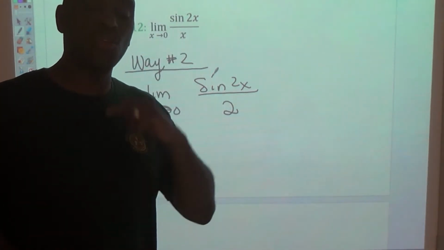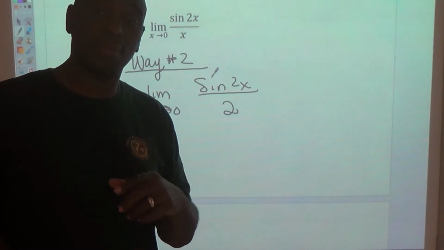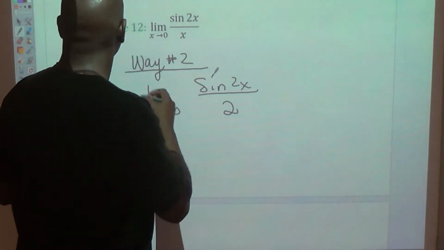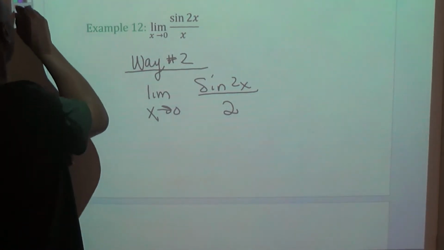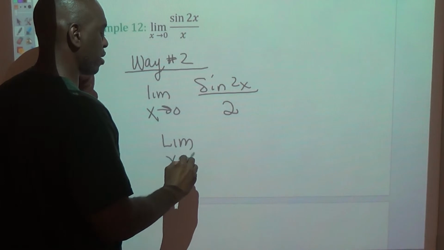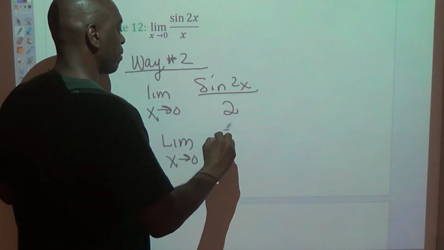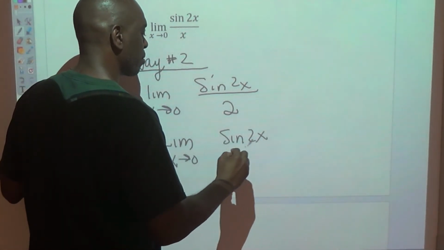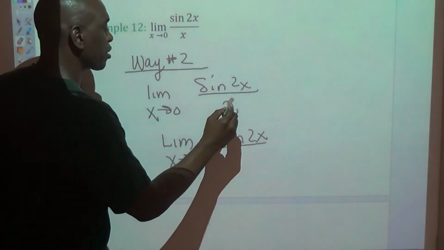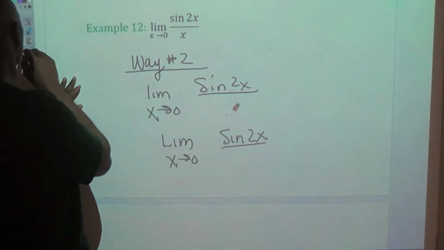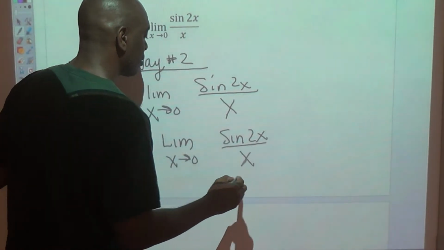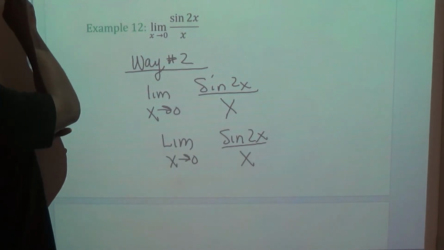So multiply numerator and denominator by 1. Okay? Let's do that. And so we're going to have the limit as x approaches 0 of sine 2x over, I'm sorry, this should be x, pardon me. Make that an x, not a 2. There we go.